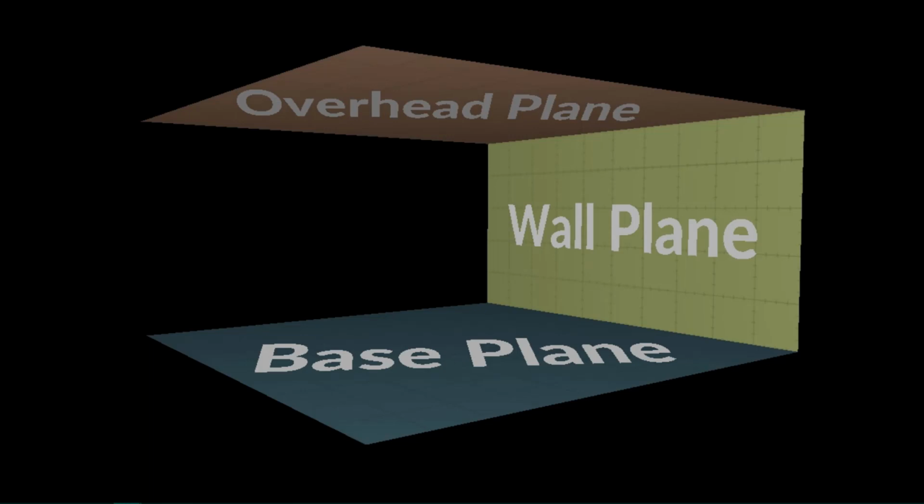But to talk about the overhead plane, which is representative of our sky plane. While we walk on the ground plane, and sometimes we interact with wall planes, the overhead plane typically is out of reach, but its presence more than any other sets an emotional tone.